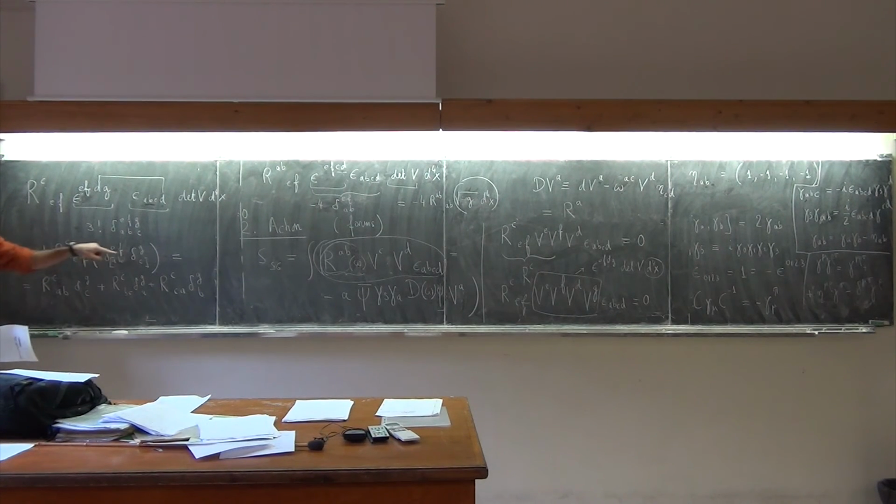Here you can consider three terms. 1, 2, and 3. ABC, BCA, CAB. Okay, I cycled over the three terms. Okay, and this is RCAB.